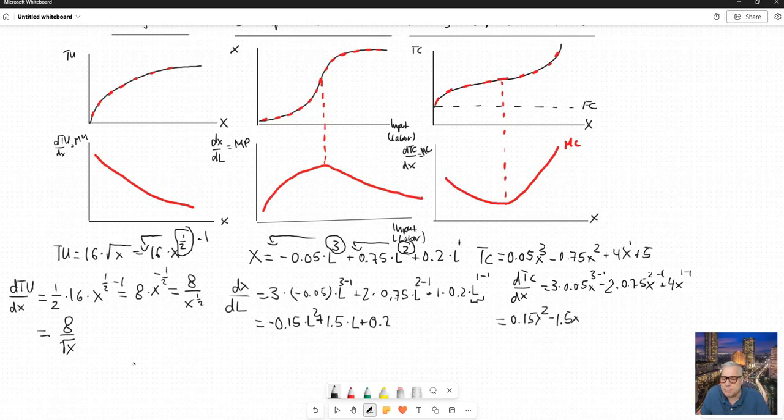And then plus 4, because the x raised to the 0 is 1, so we are just left with a 4. And that's it. So these are our results.